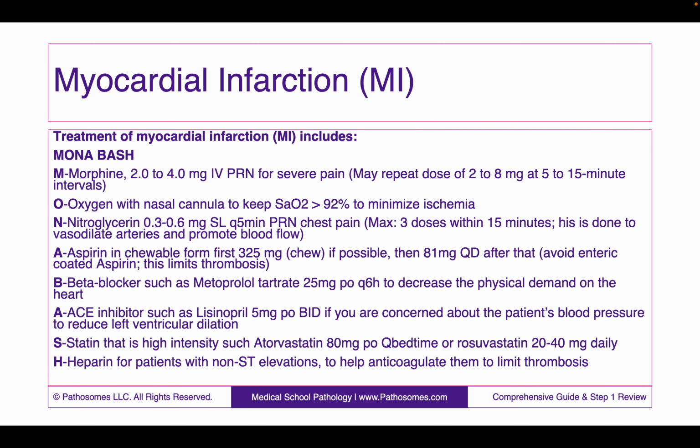Now, important, the treatment of a myocardial infarction involves Monabage. That is Monabage, M for morphine, O for oxygen, N for nitroglycerin, A for aspirin, B for beta blockers, A for ACE inhibitor, S for statin, and H for heparin.